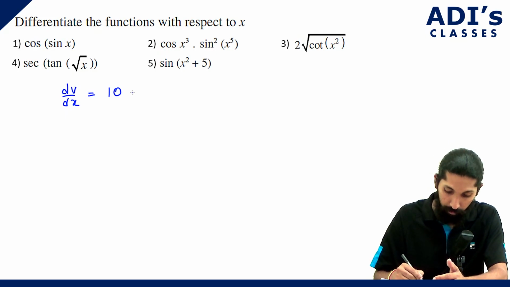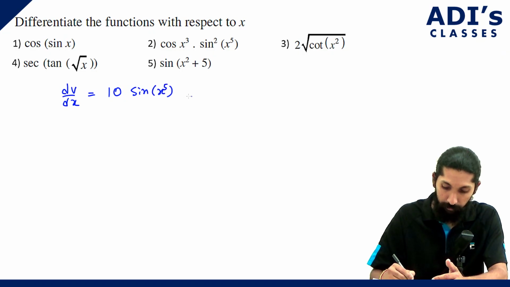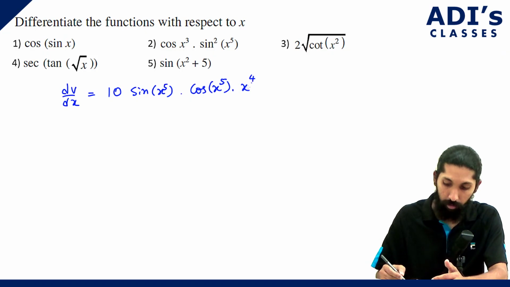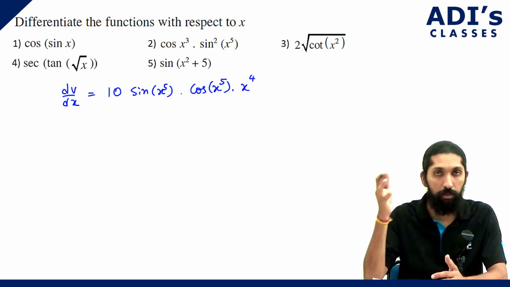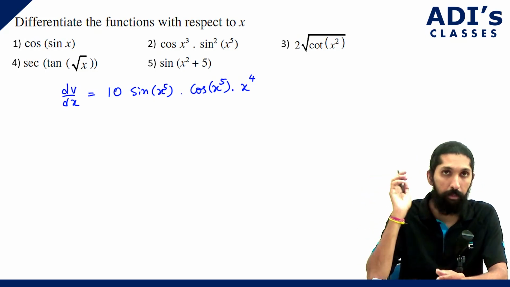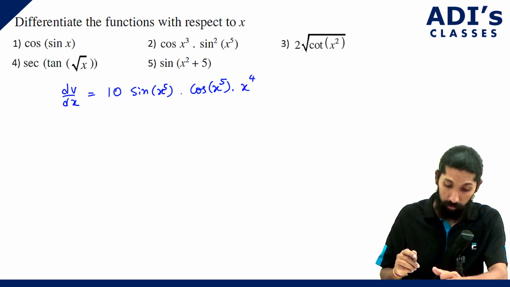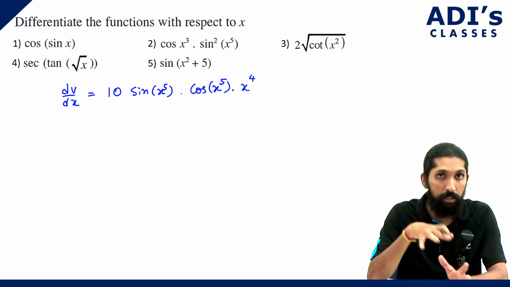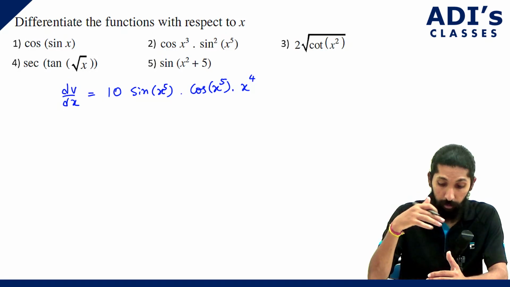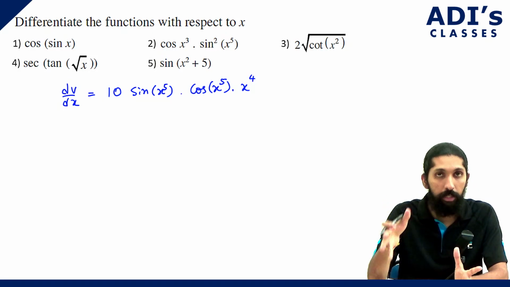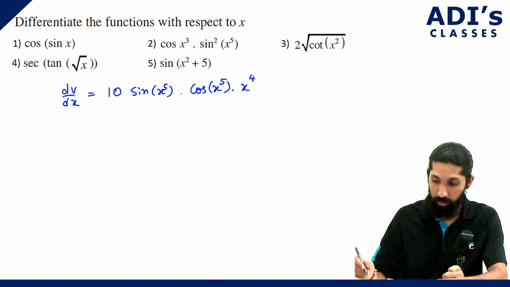So 10 into sine of x power 5 into cos of x power 5 into x power 4. You can keep x power 4 in the beginning part. Now guys, this is just u dash and v dash. Now you have to actually differentiate, isn't it? So what is that formula?